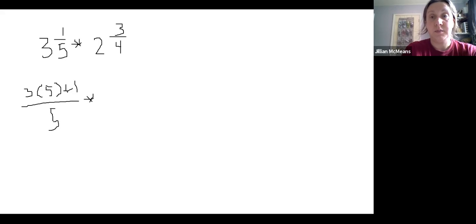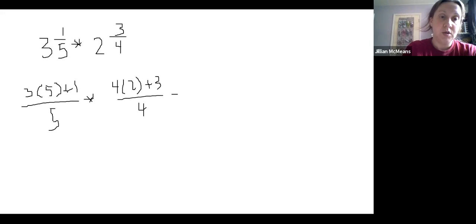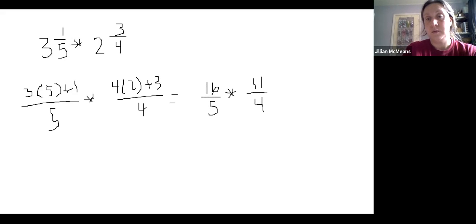For the second mixed number, we have 4 times 2 plus 3 over 4. So what we're really dealing with, 3 times 5 is 15, plus 1 is 16. So we're really multiplying 16/5 times 4 times 2 is 8, plus 3 is 11. So we're dealing with 16/5 times 11/4.